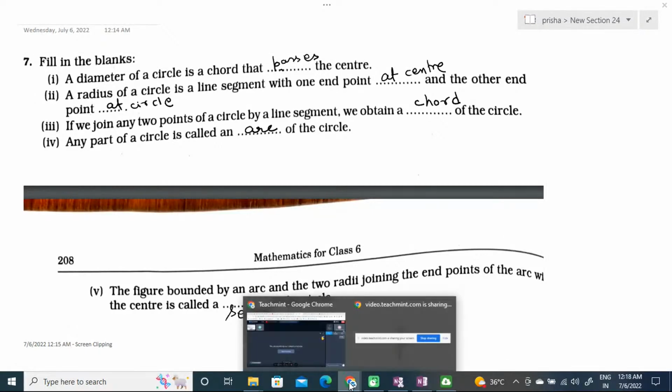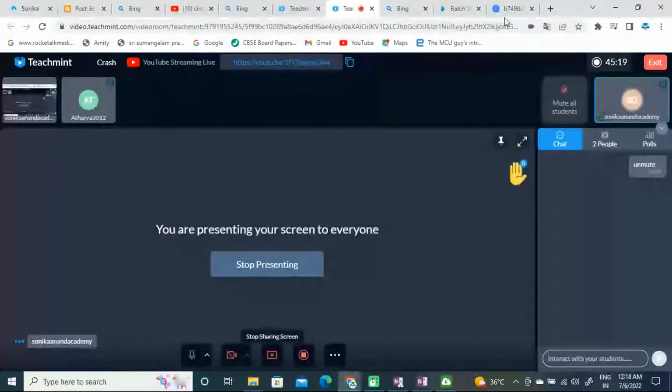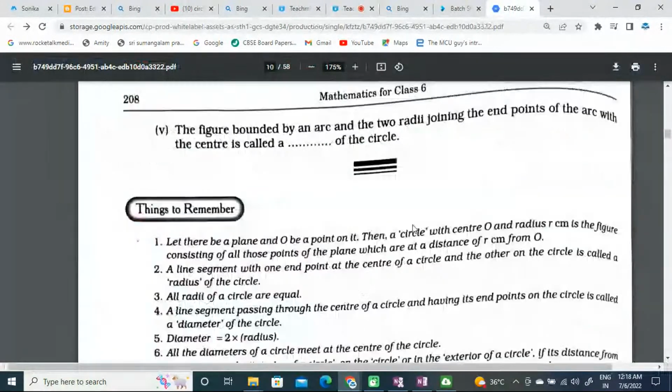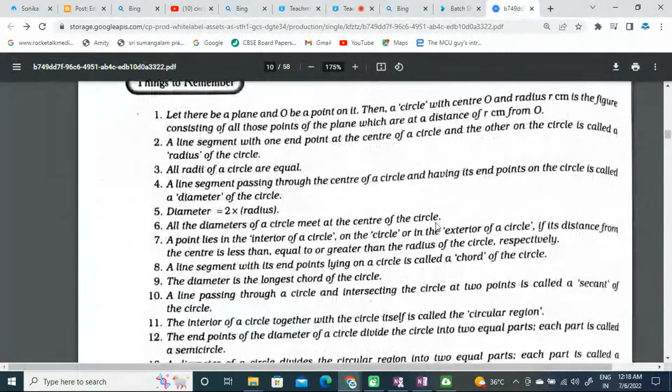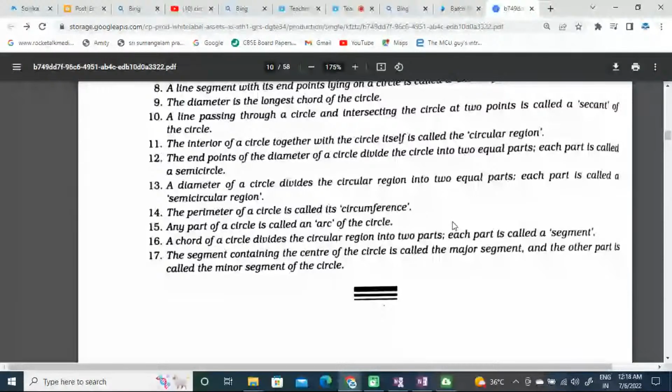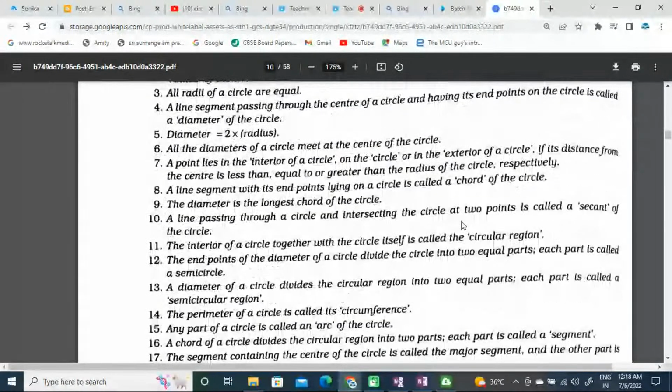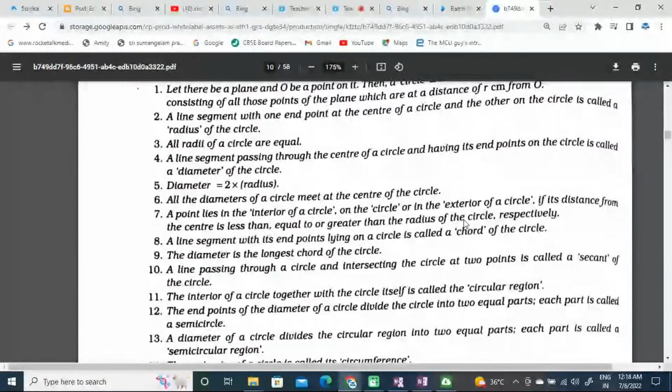Okay, may I proceed? Now this chapter is finished. But I suggest you remember all these terms. Just note it down in your notebook.